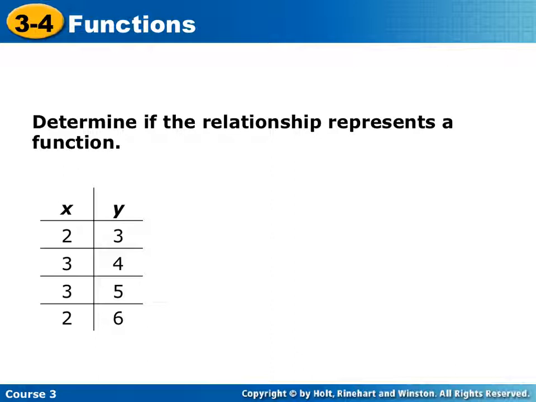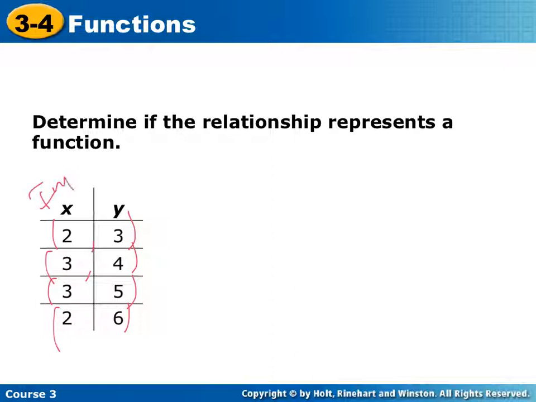So I have my points of 2, 3. These could be points. Now, if I look at these points, we're going to be looking at whether every input has exactly one output. So what is my input, what is my output? X or Y, which is my input?